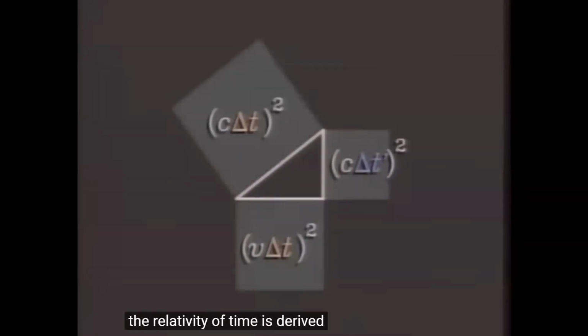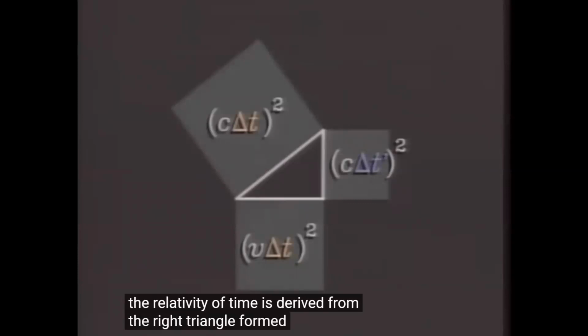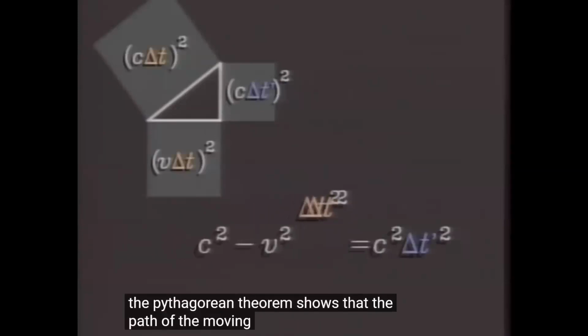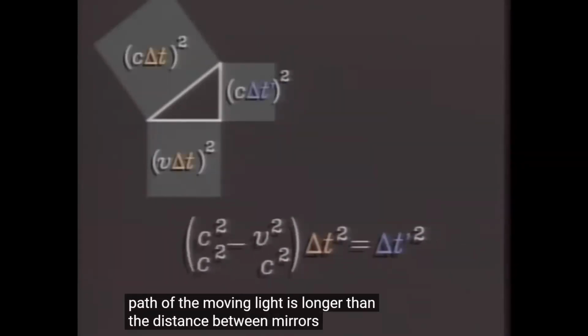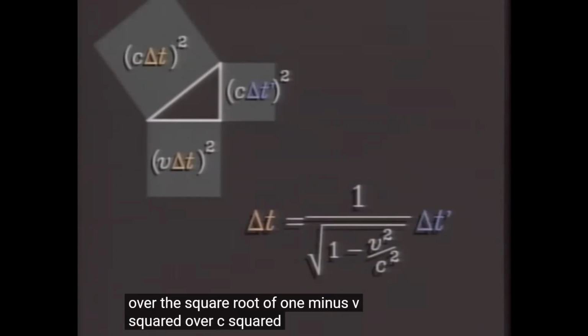Relativity of time is derived from the right triangle formed by the distances traveled. The Pythagorean theorem shows that the path of the moving light is longer than the distance between mirrors by the factor 1 over the square root of 1 minus v squared over c squared.